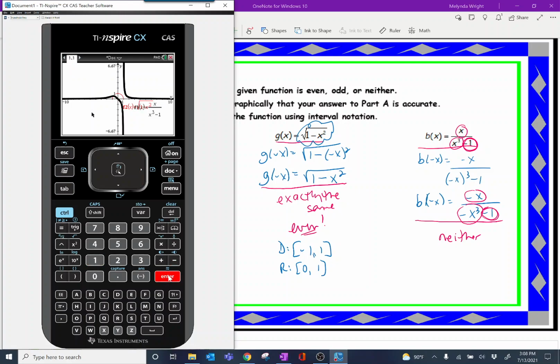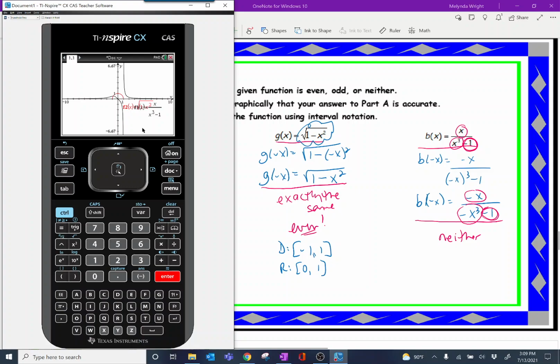Oh, okay. So yeah, we can see that it is not symmetrical to the y-axis, and it's not symmetrical to the origin. It looks like our x values are everything except 1, and our y values are everything. Okay, cool.